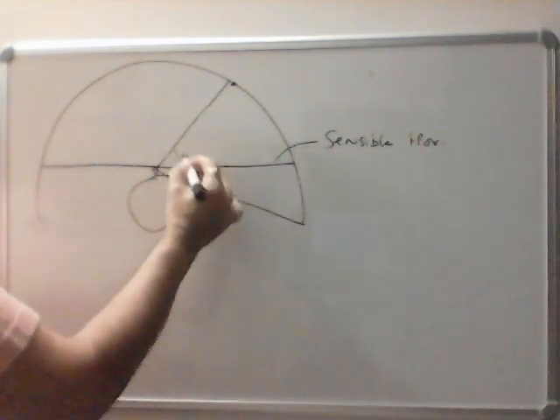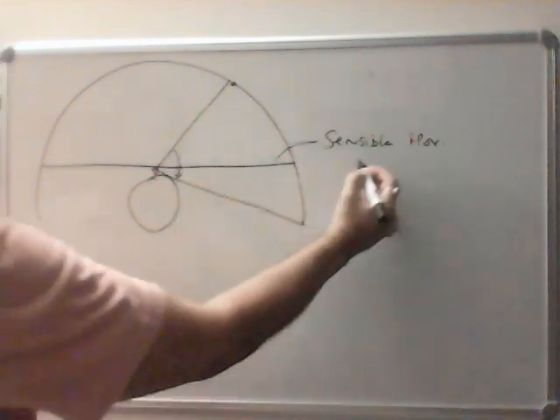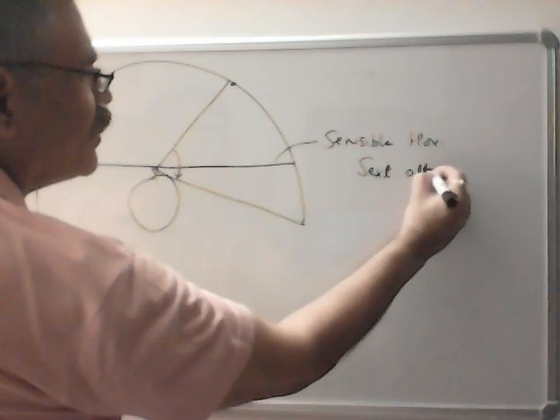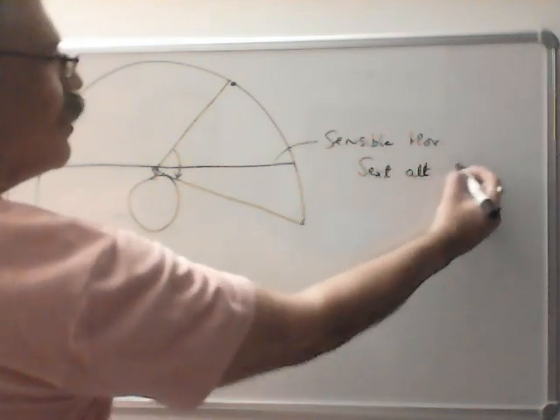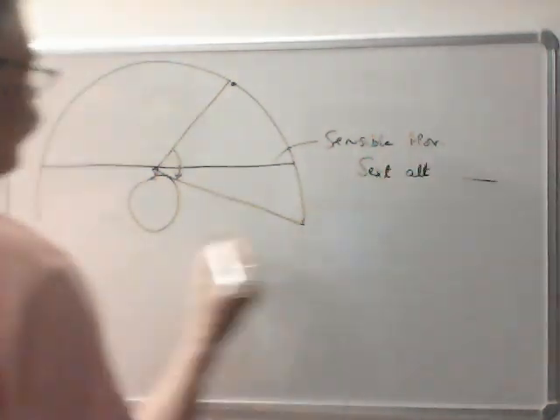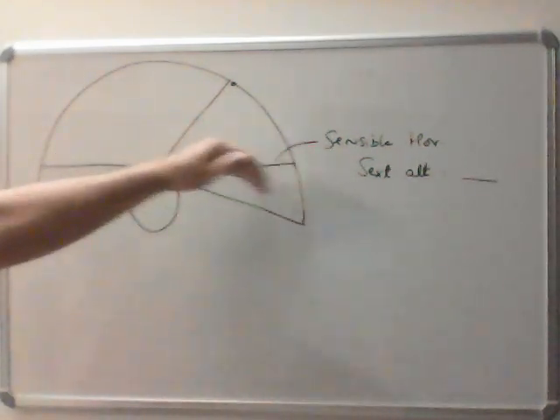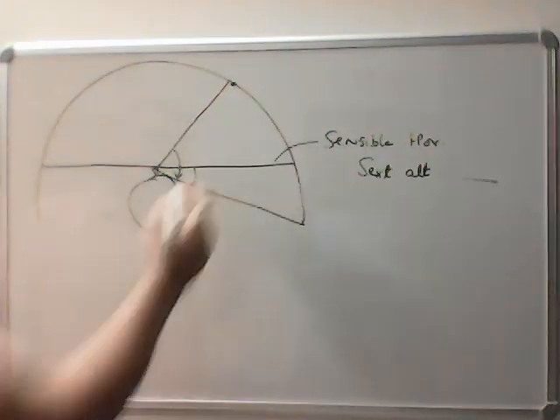So after you have taken the sextant angle, that is sextant altitude, then this angle, which is the angle between sensible horizon and the sea horizon, is known as dip.